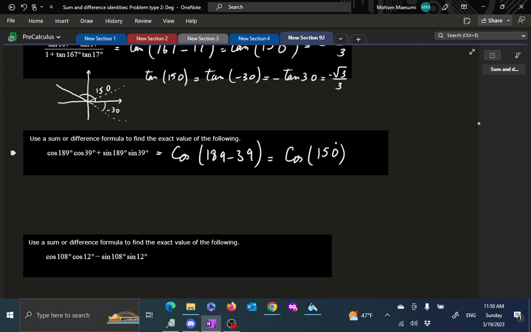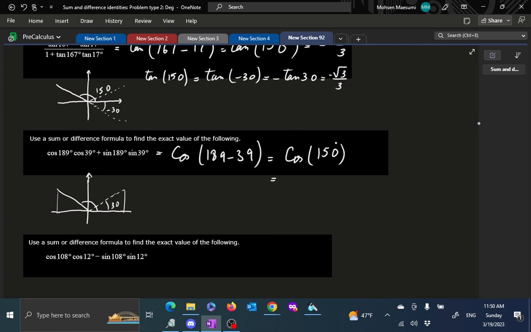Cosine of 150. Again, to reason our way, cosine of 150, here's 150. We take reflection in the y-axis, that's 30. 150 and 30, their cosine is going to be negative of each other.